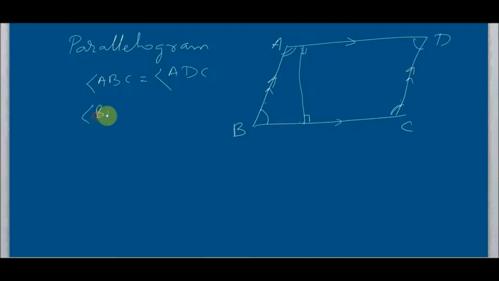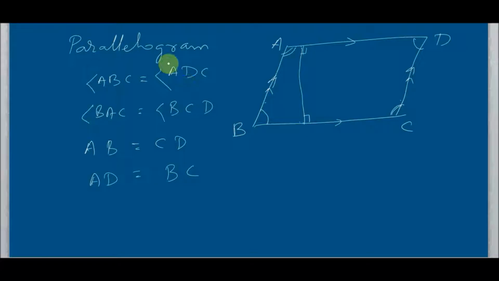Angle BAC will be equal to angle BCD. Okay, and opposite sides are also equal. That means AB is equal to CD and AD is equal to BC.